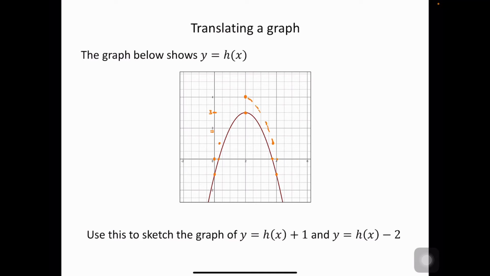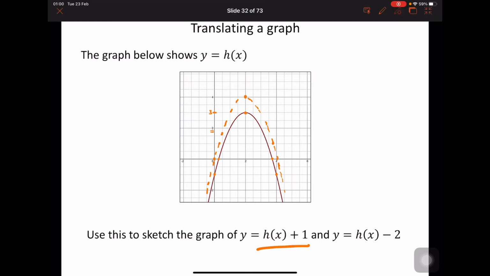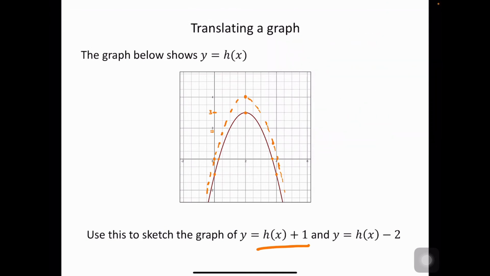Of course, it's not going to be a perfect drawing, but as long as you're roughly there, then you should get the marks in an exam. So this is this one. Let's change the color. h of x take away 2. So this value is going to be here.